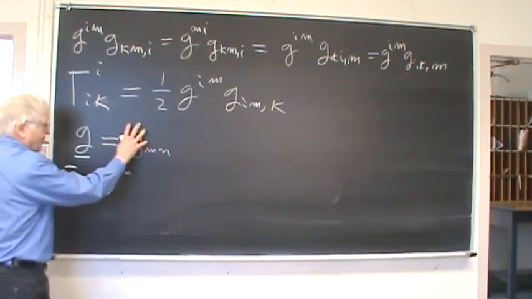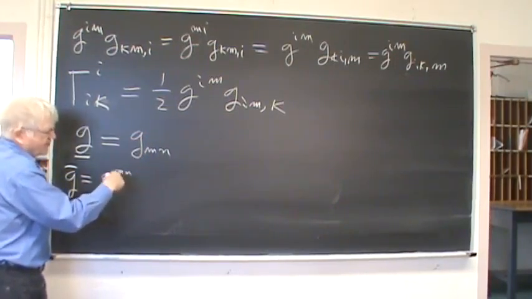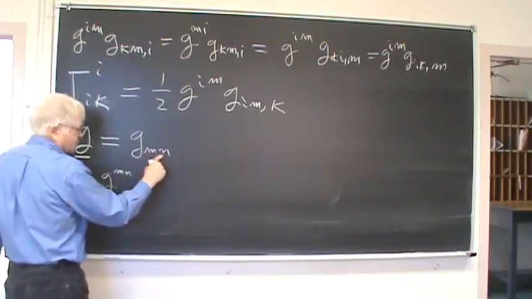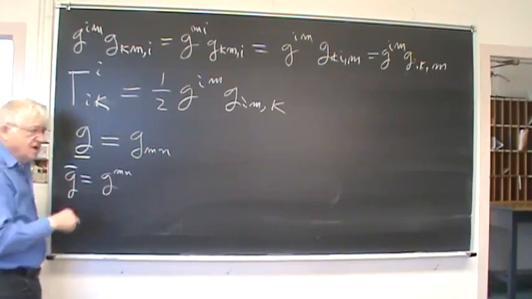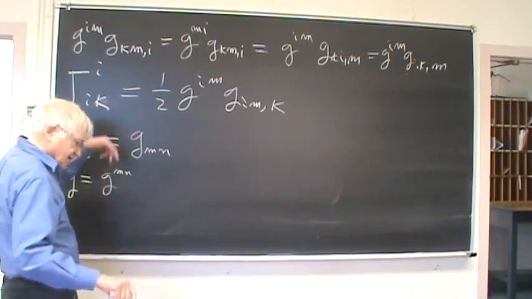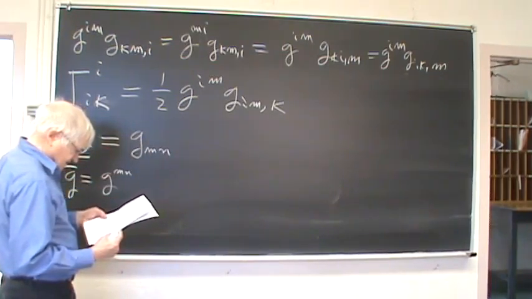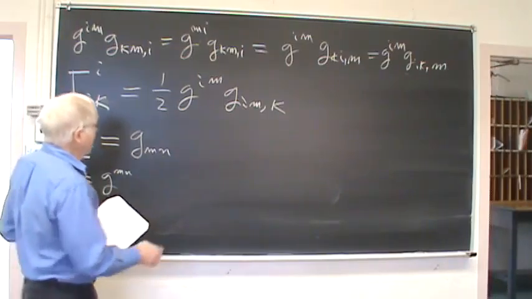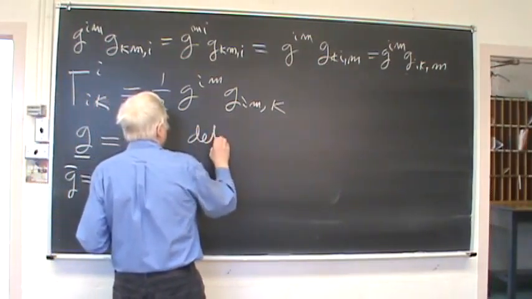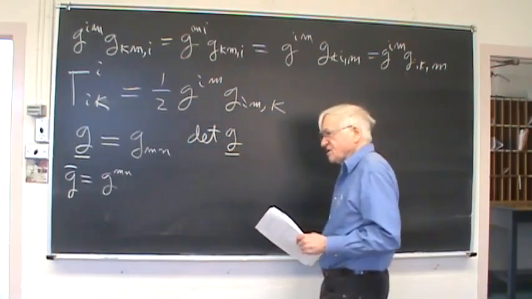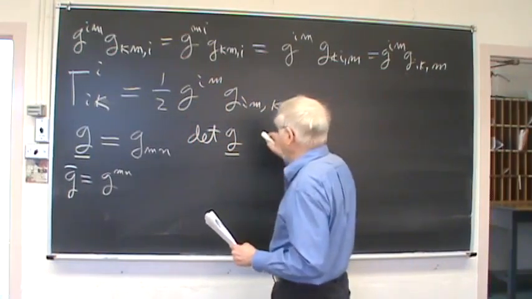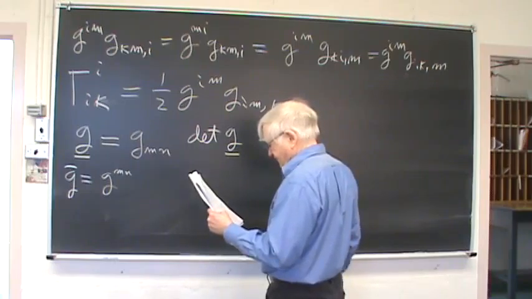So this is a 4 by 4 matrix whose MN entry is G^{MN}. So I'm just using the underbars and upper bars to indicate which it is. Okay, so let's consider the determinant of the matrix that is the covariant metric tensor.